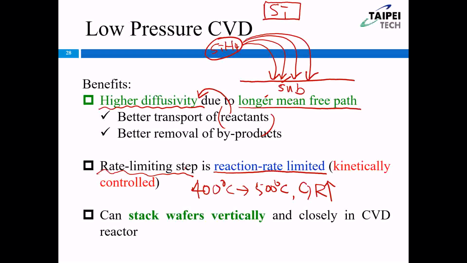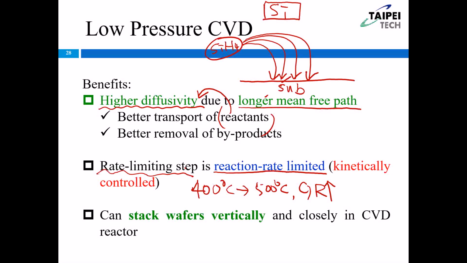If you increase the temperature a little bit, the growth rate can be enhanced a lot. Here the rate means the growth rate, the deposition rate. The deposition rate is controlled by the reaction rate.